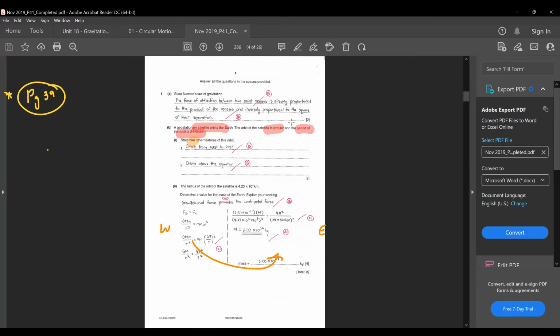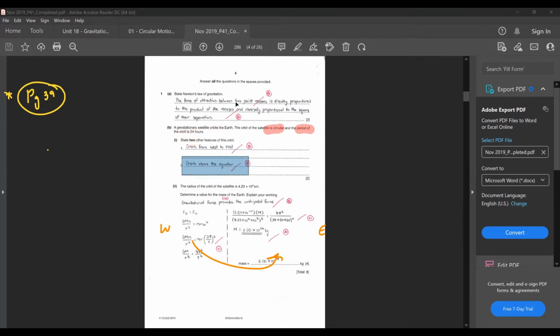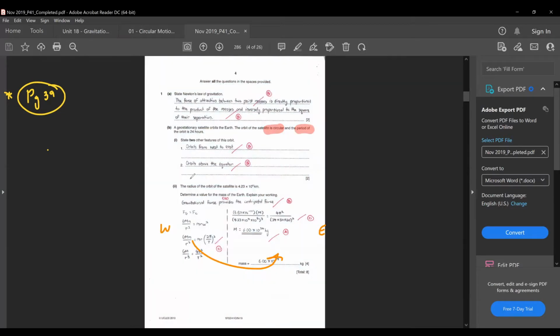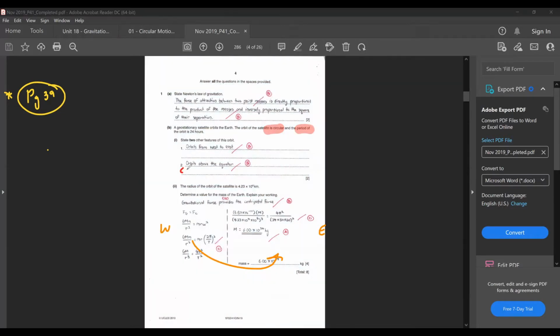Here they already told you that your period is 24 hours. The 2 other features must therefore be, it must orbit from west to east, and it must orbit above the equator. Sometimes rather than saying that the satellite is orbiting above the equator, some marking schemes will say that it follows an equatorial orbit.